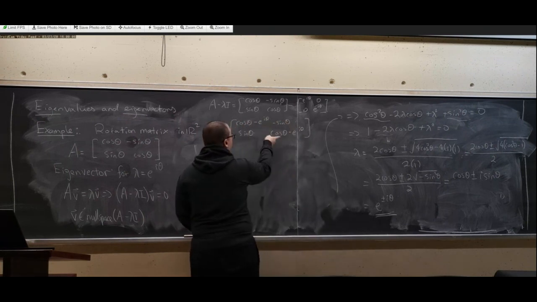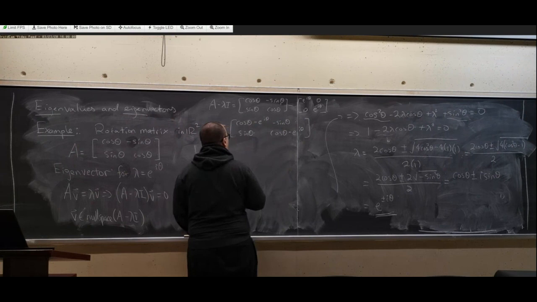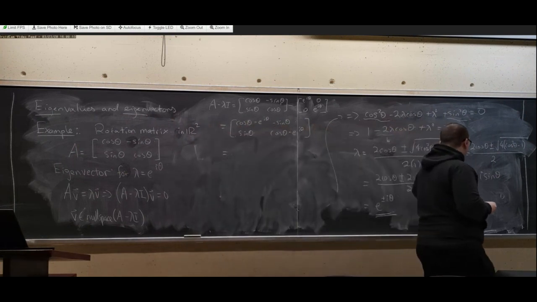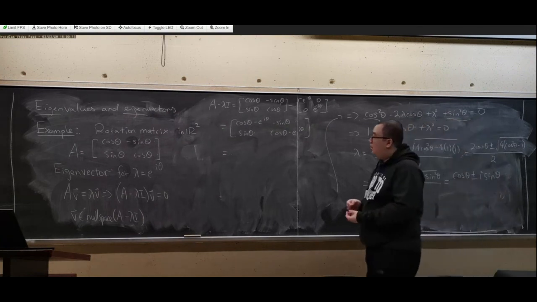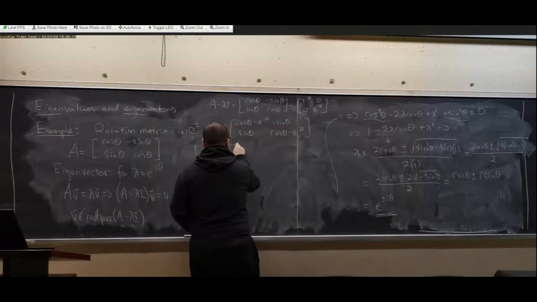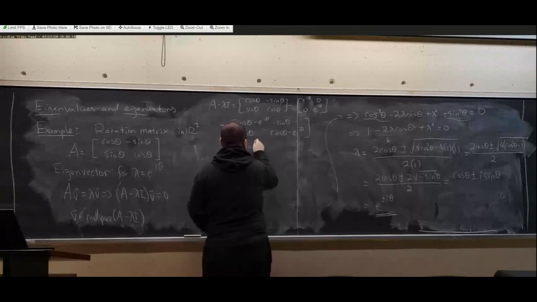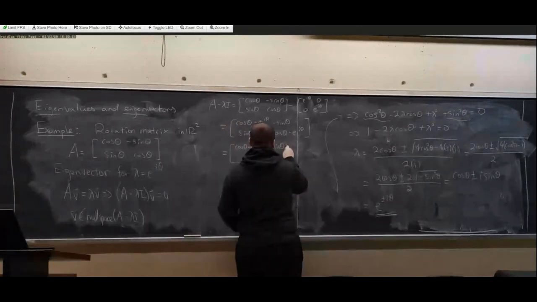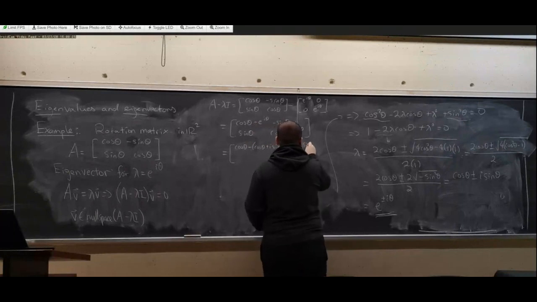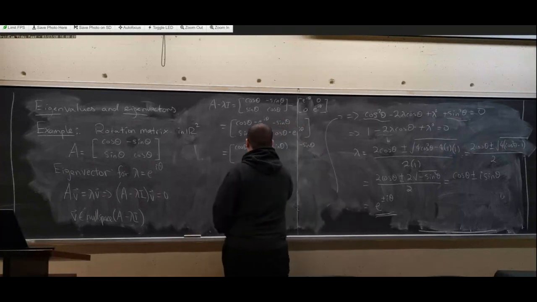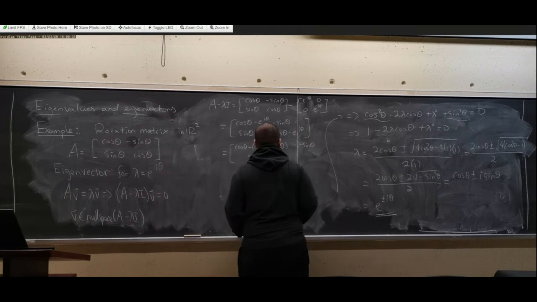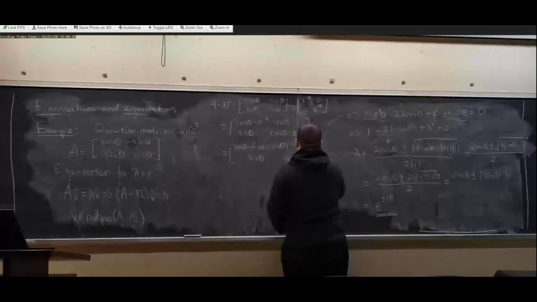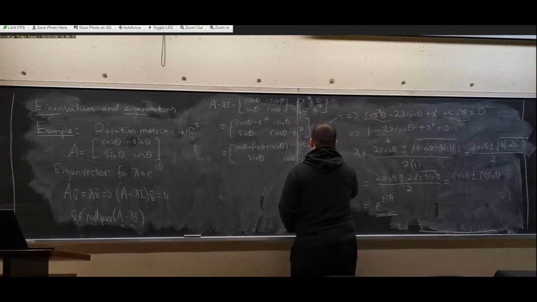Well, what is e to the i theta? e to the i theta is cosine theta plus i sine theta. So I get cosine theta minus cosine theta plus i sine theta, minus sine theta still remains, sine theta still remains, and then cosine theta minus cosine theta plus i sine theta.